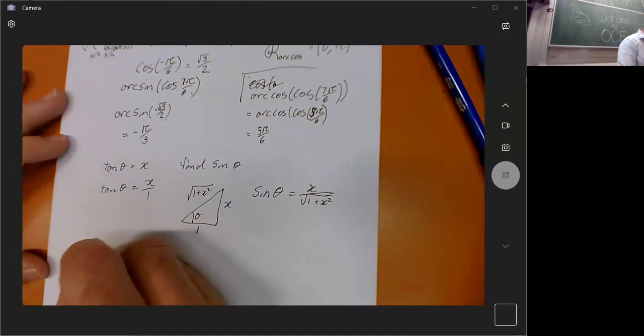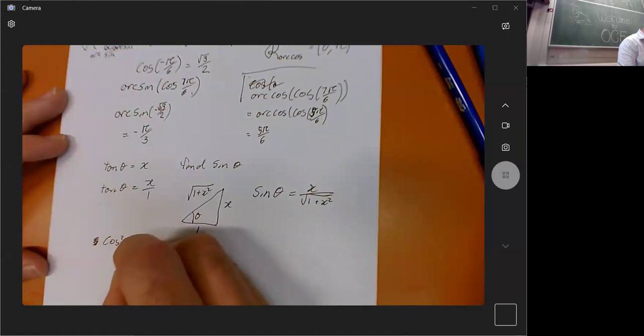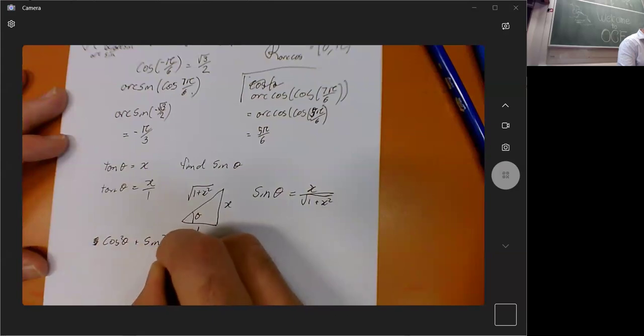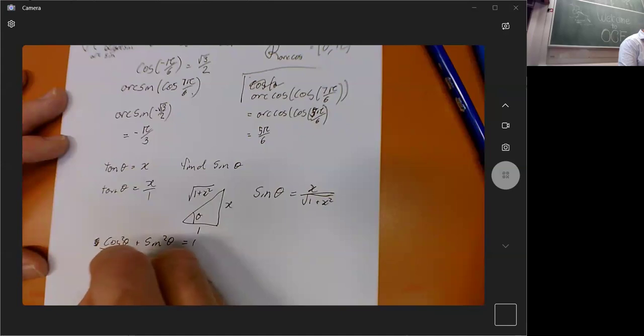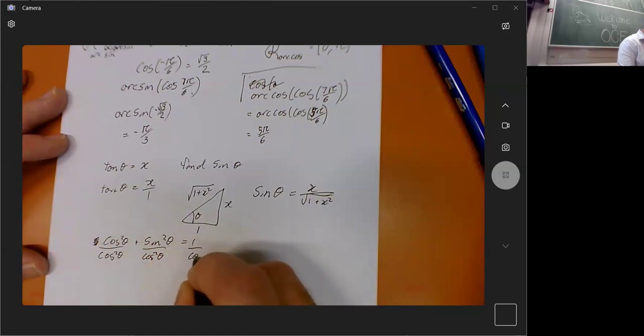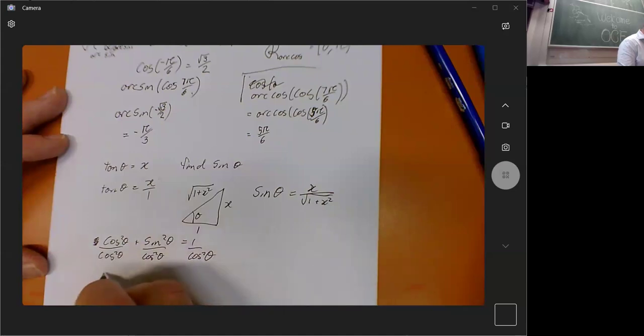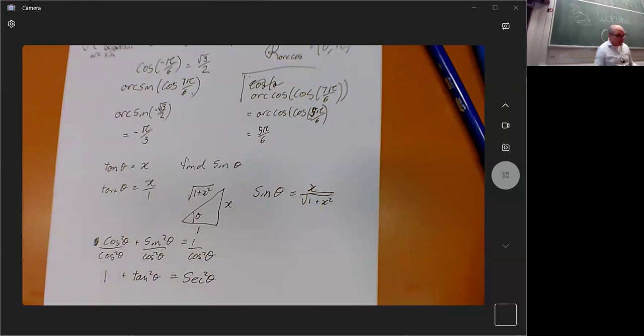If I start with my circle identity, cosine squared theta plus sine squared theta is equal to 1, and then divide through by cosine squared theta, I get 1 plus tan squared theta is equal to sec squared theta. Nothing up my sleeve, trig formula.